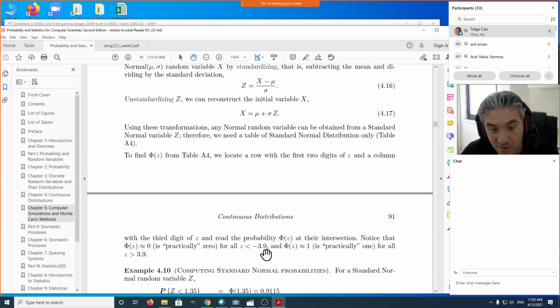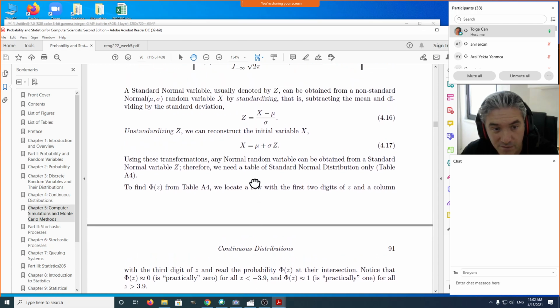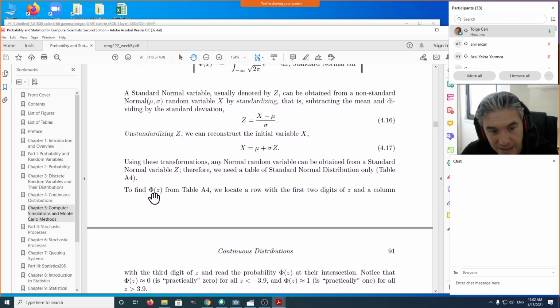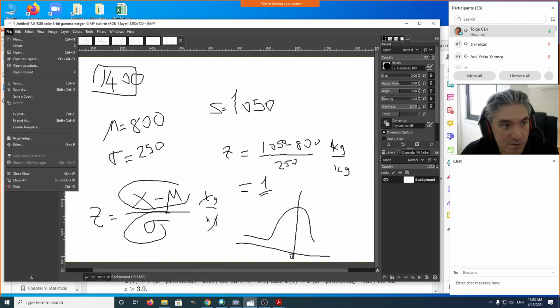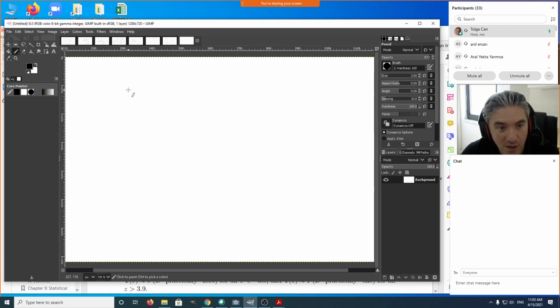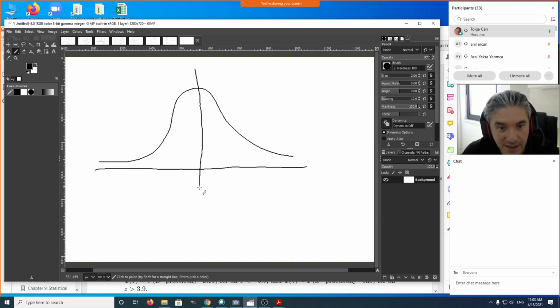Also, if you look at this CDF variable, since it's symmetric, the table is only provided for one part, the negative version. Let me try to tell you what it means. If we have a standard normal form, and this is x here, we have the minus x here.